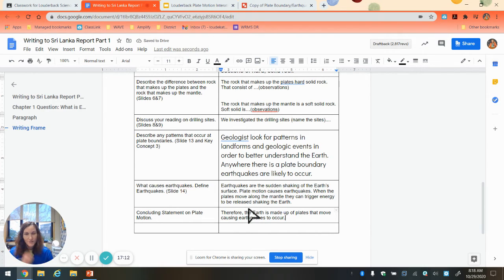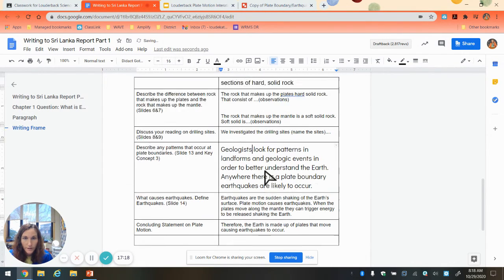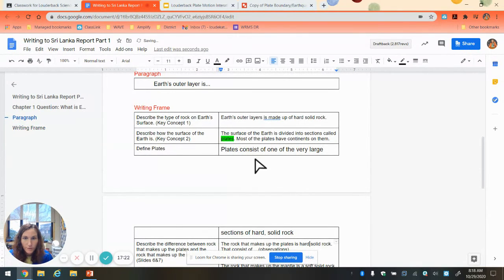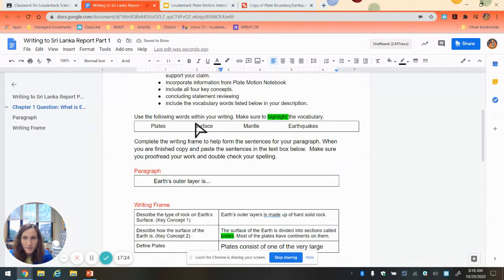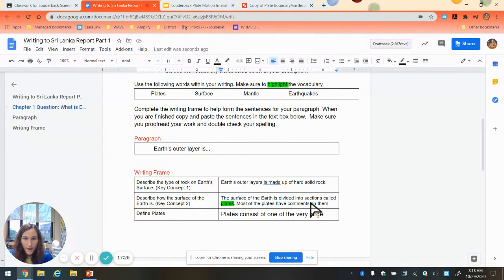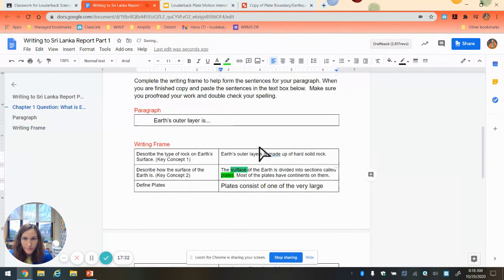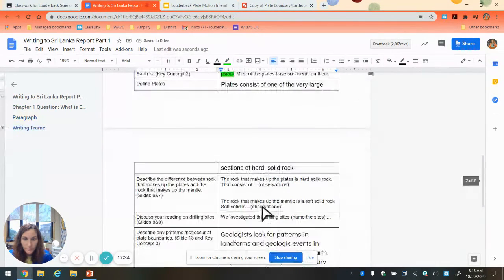There we go. So now that I have this down, what I'm going to do now is go back through, and I have these vocab words. I want to make sure that I'm highlighting these vocab words within my sentences. Mantle, there's the mantle right here.